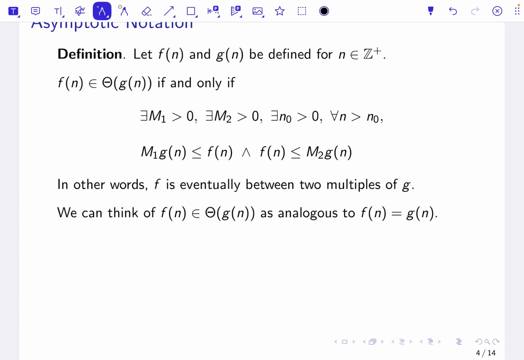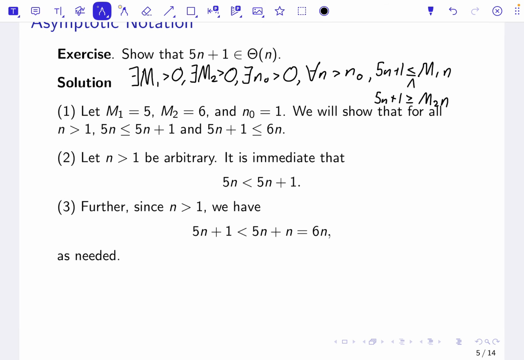I'm just going to make sure I have those subscripts right. So m1 should be the small one. I got it in reverse.